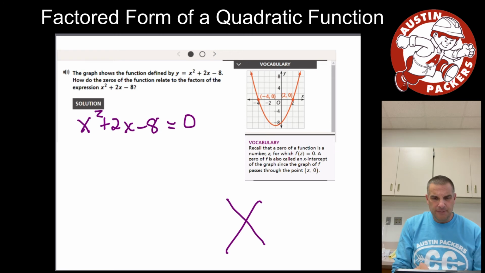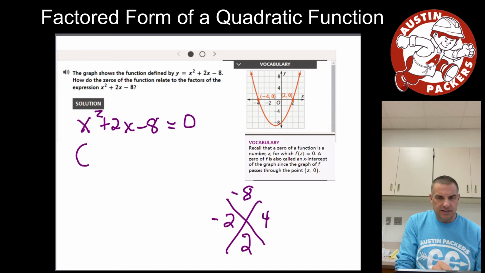So a times c is negative 8. My b value is 2, so one of them is going to be negative and one of them is going to be positive. So negative 2 and 4. Negative 2 plus 4 is 2, that works. So this factored is x minus 2 and x plus 4. Now that's going to equal 0.